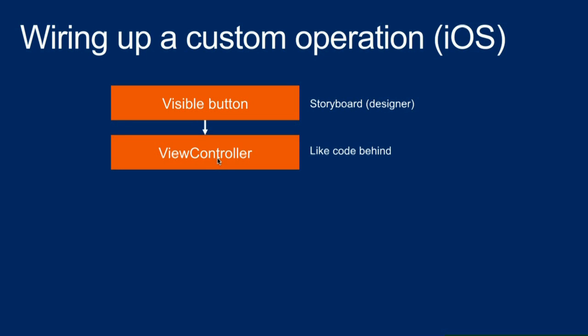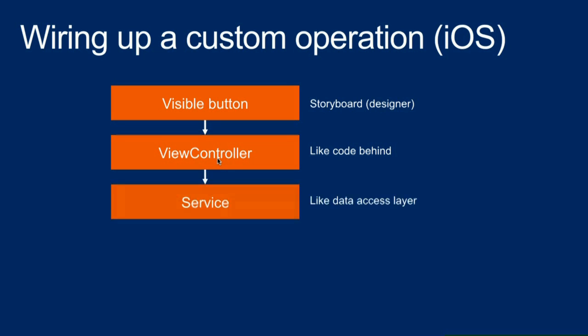The next thing is that visible button will have to do something when it's clicked. And in iOS, there's a concept called view controllers. And you can think of that as being kind of a code behind file for the visual designer. So we'll need to add some logic onto that. And now that thing needs to do something. What's it going to do? Well, we don't want to call the mobile service directly from there. It's good practice to kind of encapsulate your data access into a separate service class.